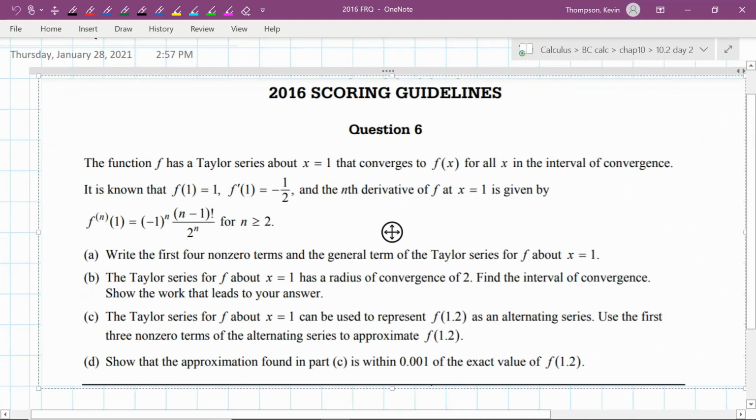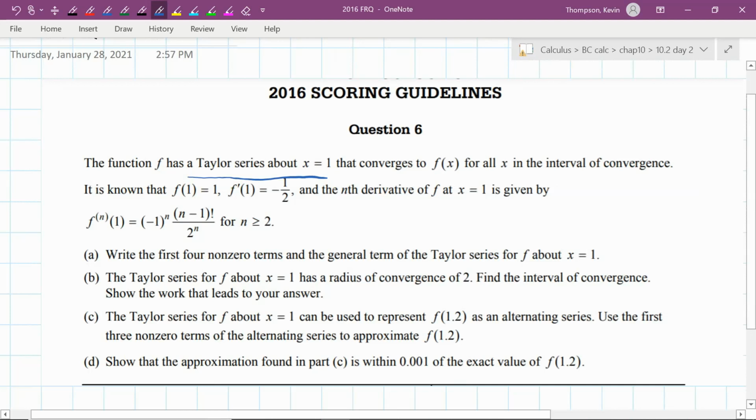Now, here is a different year, and it has almost an entire question devoted to Taylor series and polynomials. Okay? So let the function f have a Taylor series that converges for all x in some interval of convergence.